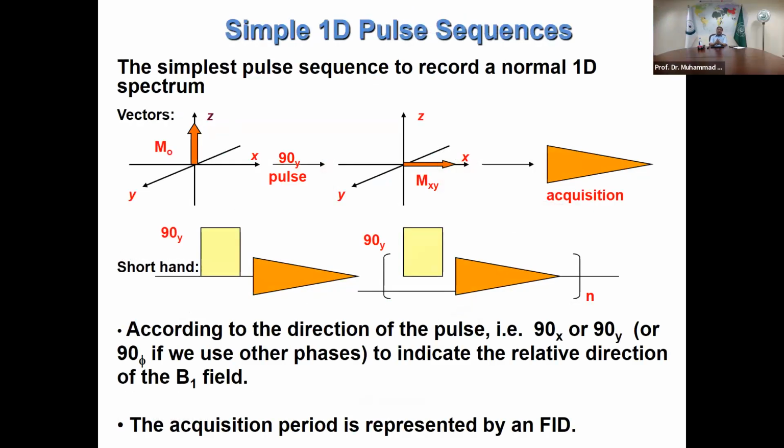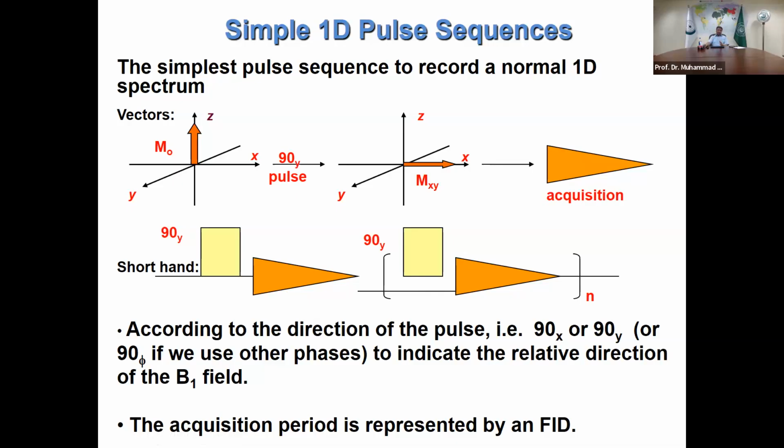Okay, so we discussed that a single pulse sequence is very simple: you have the net magnetization vector, you give a 90 degree pulse, it comes on X, you record the FID. Multi-pulse experiments are explained in this way: preparation, you give a pulse represented by this particular rectangle, you record the FID. But you can also have several pulses.